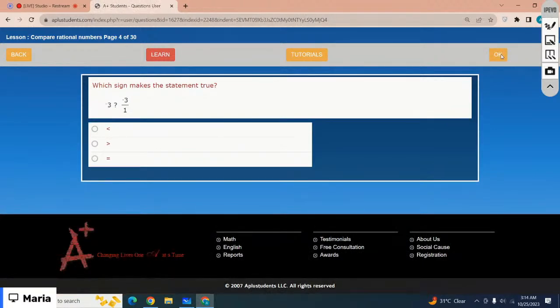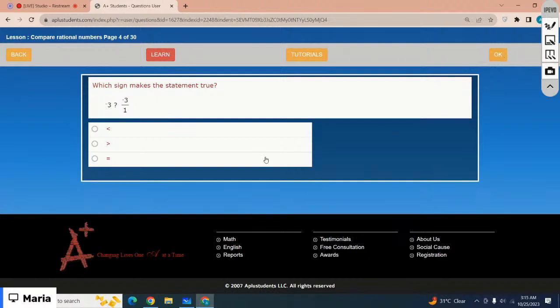Negative 3, and you have to compare it to negative 3 over 1. Which is the correct option? They both are exactly equal, right?